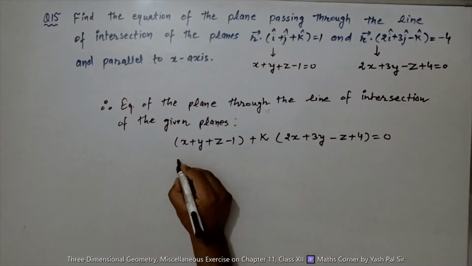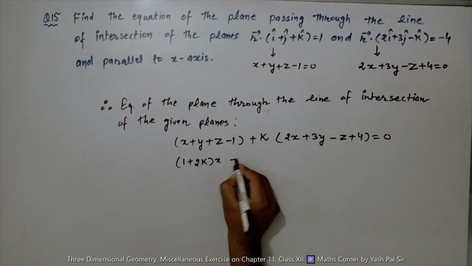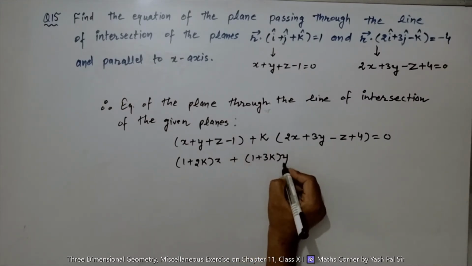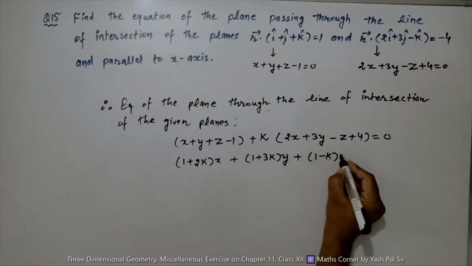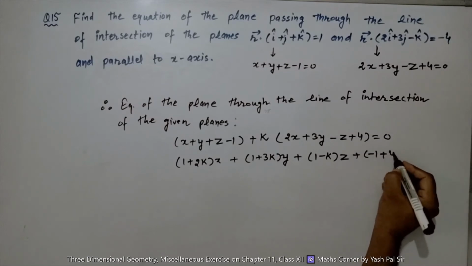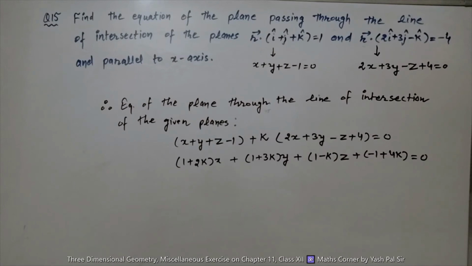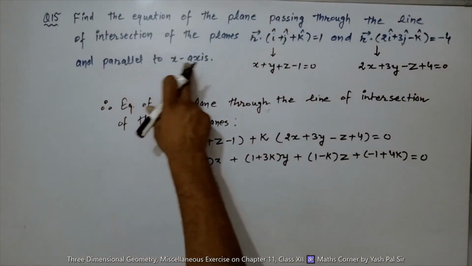This means 1 plus 2k x plus 1 plus 3k y plus 1 minus k z plus minus 1 plus 4k is equal to 0.